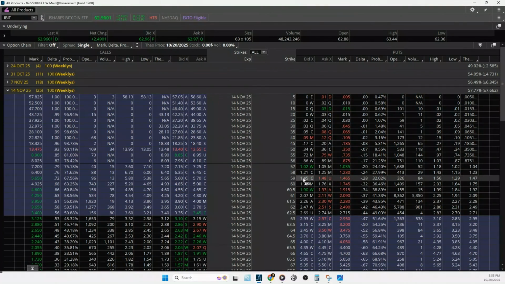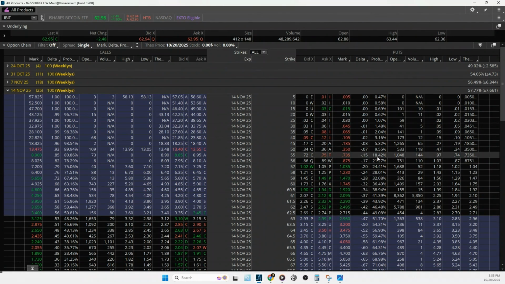Here's our 59. We're at a 28 delta. So below that, we can move away over here to around, we go from a 15 to a 7 delta, 55 to 50. And you're getting around 70-ish bucks.